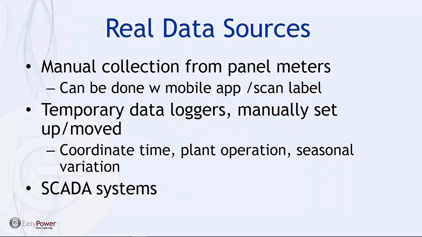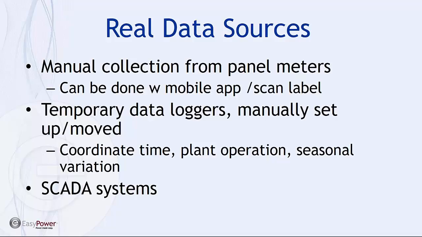Well, the real parameter data sources have to come from my actual system, and they can be collected in a number of ways. First of all, there can be panel meters on different parts of the system, and we can collect that information manually.